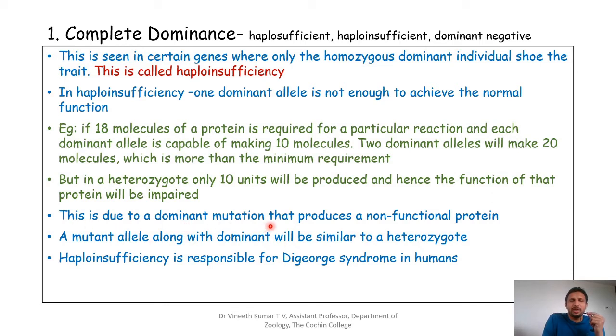So this condition, called haploinsufficiency, is usually seen to be due to a dominant mutation. These mutations are called dominant mutations because, if you observe, the dominant one is usually the wild type allele.